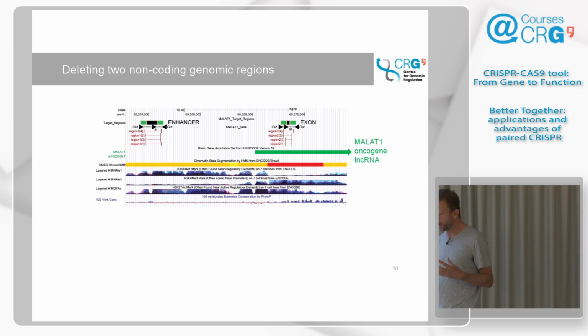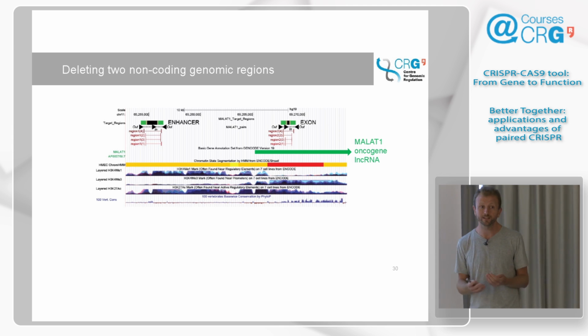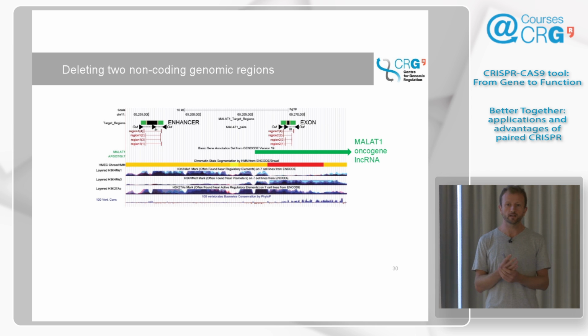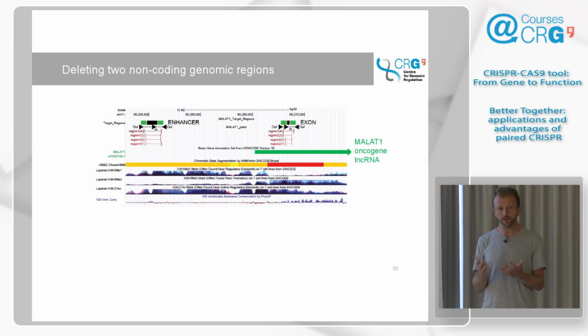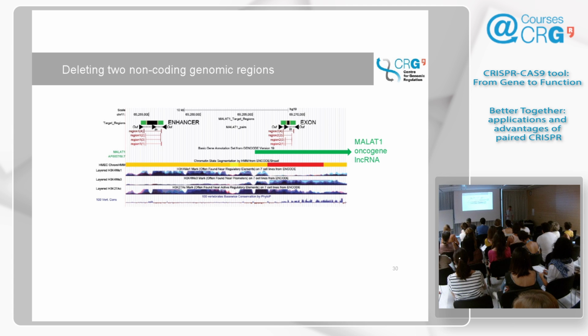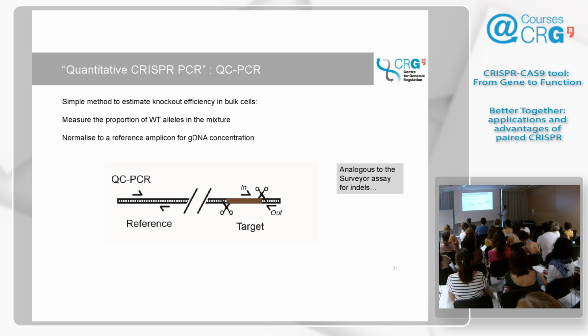Now we had a big problem, because to assess the efficiency of regular CRISPR, you have the Surveyor assay, which is an assay for indels. But for these deletions, there was nothing published that we could find that looked at the efficiency of making a deletion. So we came up with this very simple thing, which we call the QCPCR, a quantitative CRISPR PCR. It almost doesn't deserve an extra name.